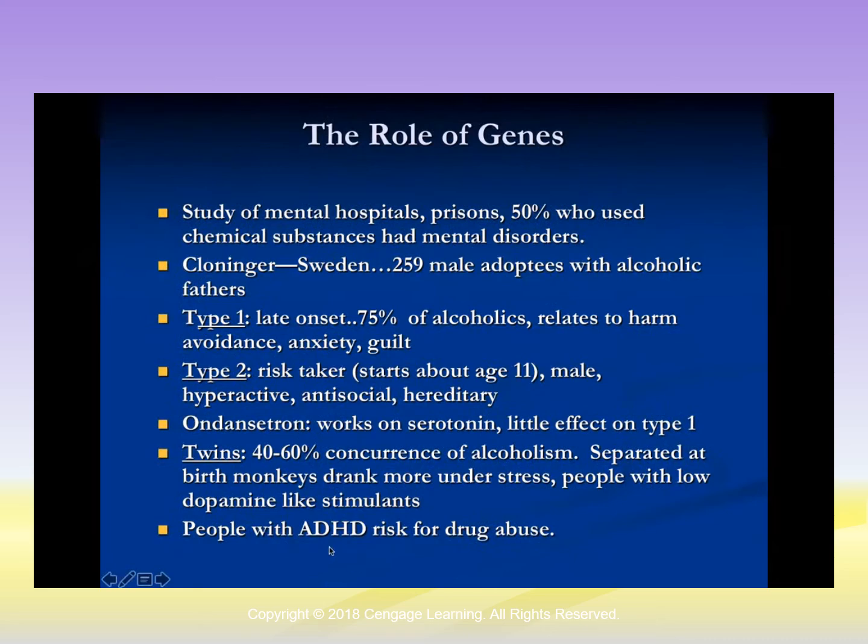And then we see ADD and ADHD, people having a higher risk for drug abuse. And people are at a higher risk as well for other things like antisocial activity. They did a study of youth sociopaths, and there's a fascinating documentary on the BBC about this, where they looked at brains of children with ADD and ADHD.